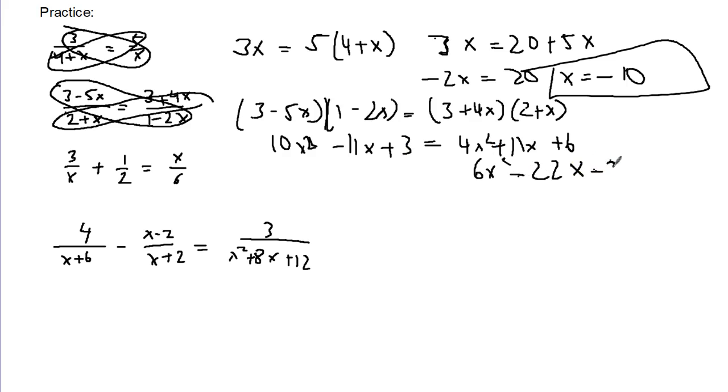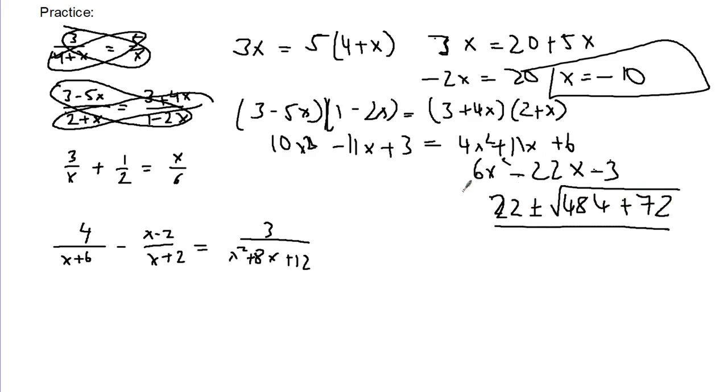You can solve this using the quadratic formula. 22 plus or minus the square root of 22 squared, which is 484, minus 4 times 6 times negative 3, plus 72, over 2a, which is 12. 484 plus 72 is 556.